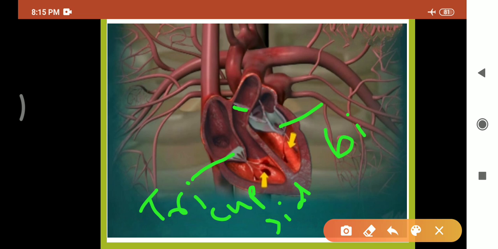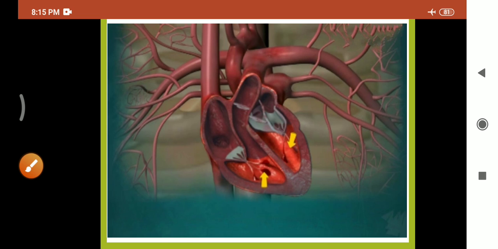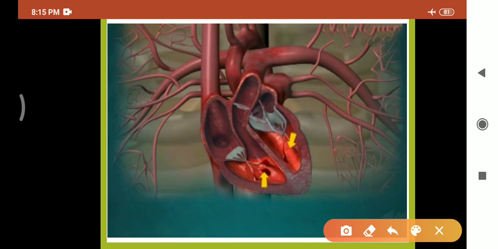So flap means a flap or door. When there are three flaps, it is tricuspid, and always remember, tricuspid is present on the right side and bicuspid on the left side. So bi is on the left and tri on the right side.